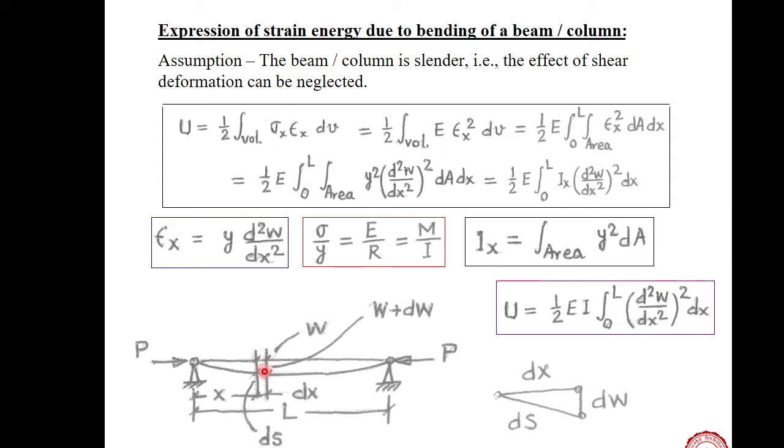We know that, as well as we know the stress and strain at this point, which is coming from that moment. So if we calculate the energy stored in this column, a general term is beam column, because in such a system if there is some transverse loading, it becomes a case of beam column. Now, that is not considered here.